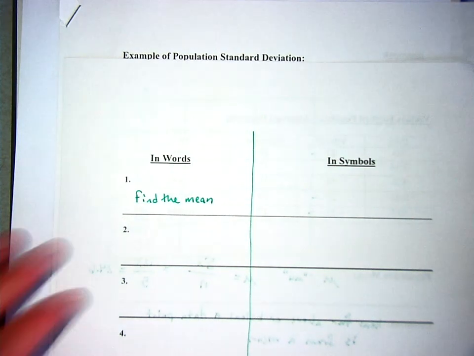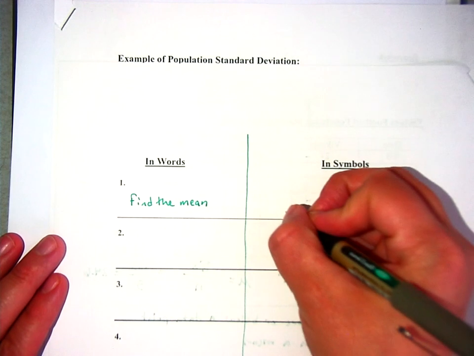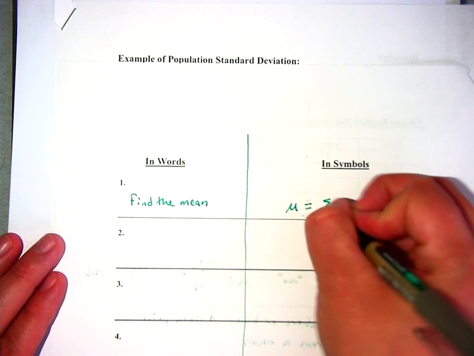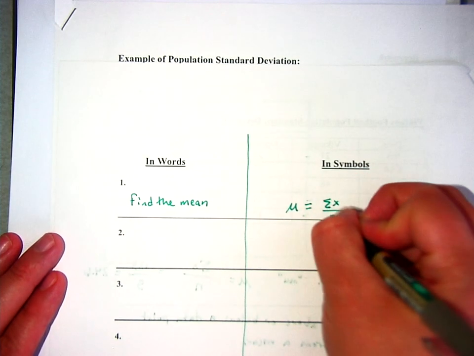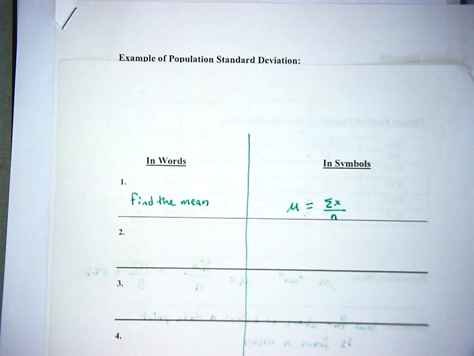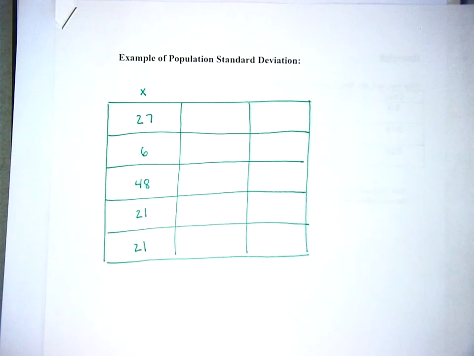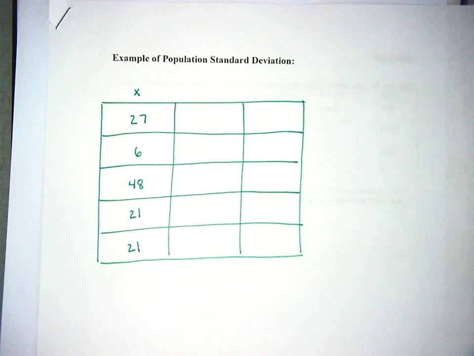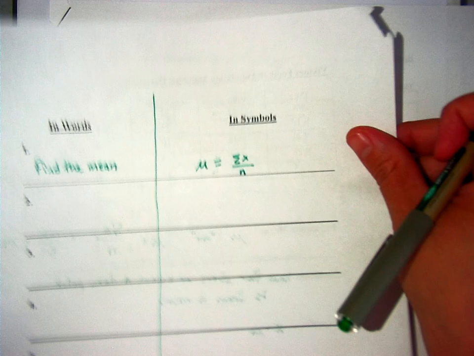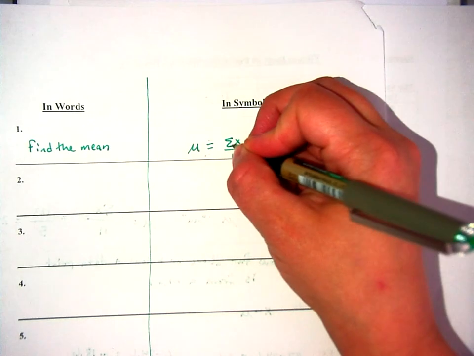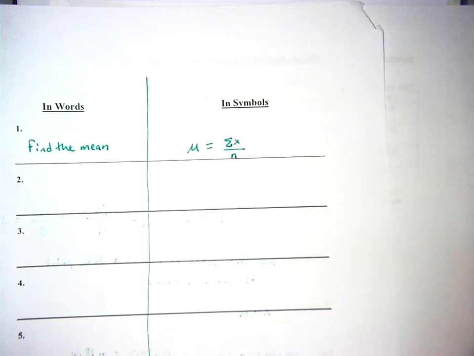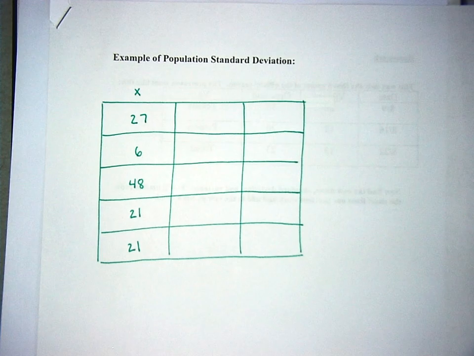So, find the mean. That is mu. Mu is the summation of all the x's divided by n. Okay. So over here, sorry, you want me to put that up again? All right.